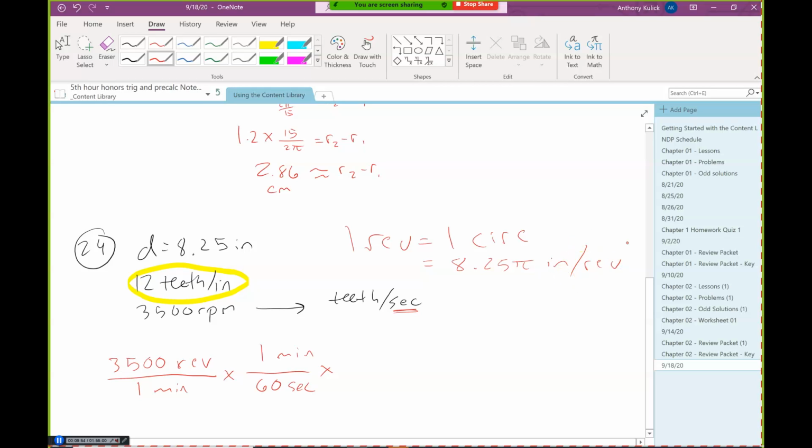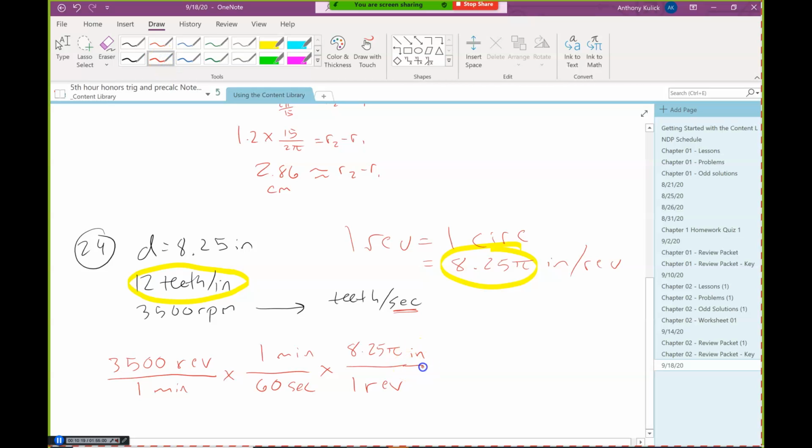Is that okay, Jason? So I'll do that for my next conversion factor. So I have 1 revolution is 8.25 pi. Again, the circumference formula there is 2 pi r, or pi times d. I just did the pi times d version since I was given the diameter. Okay.